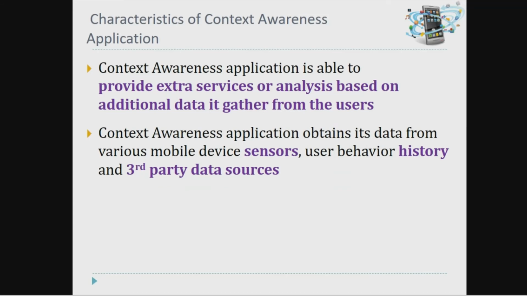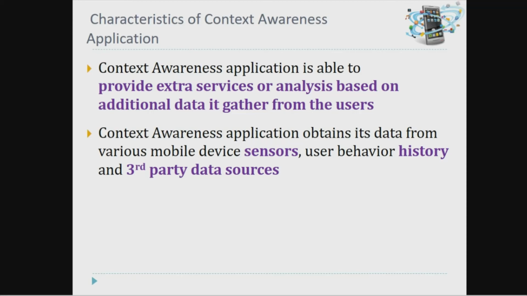Characteristics of a context awareness application. First, a context awareness application is able to provide extra services or analysis based on the additional data it gathered from the user's data. Second, a context awareness application obtains its data from the various mobile device sensors inside your mobile device, user behavior history, and third-party data sources.